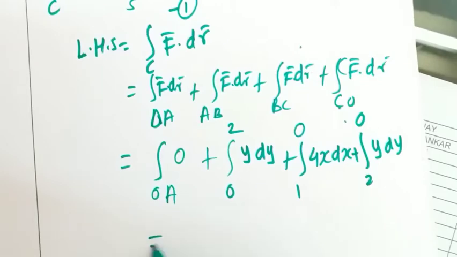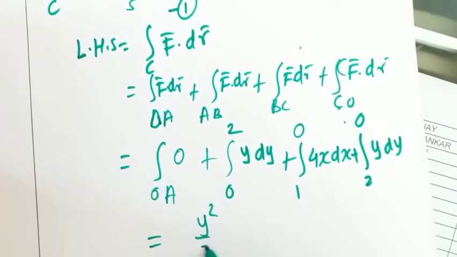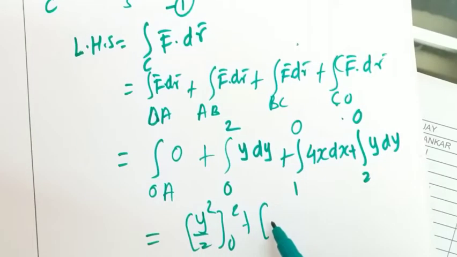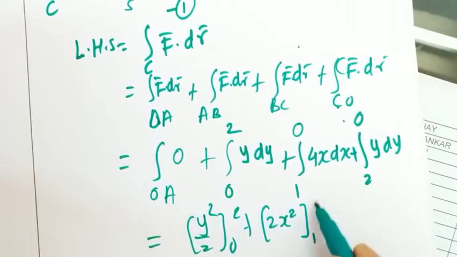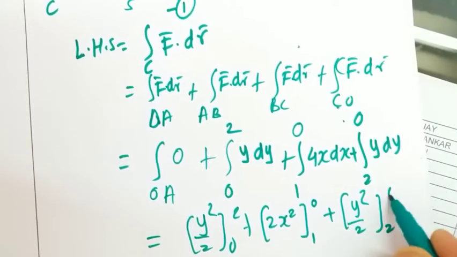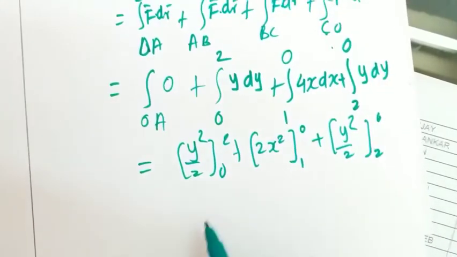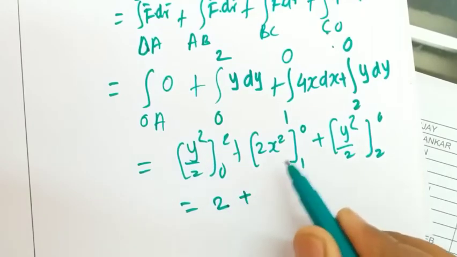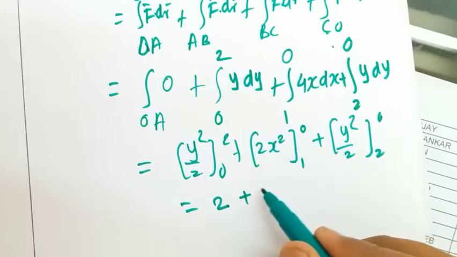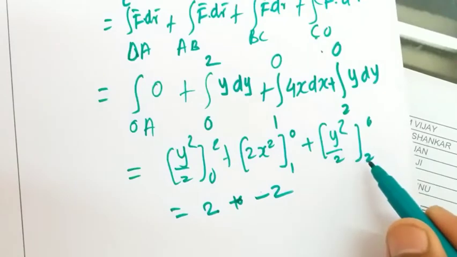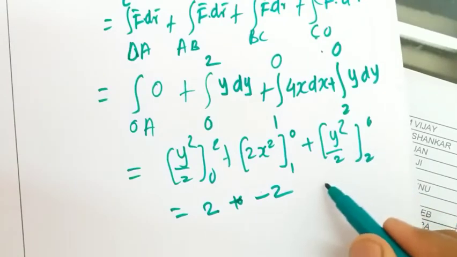After evaluating them, we'll get y square by 2 from 0 to 2, 4x square by 2, that is 2x square, from 1 to 0, and y square by 2 from 2 to 0. After putting in the upper and lower limits, 4 by 2 is 2, plus 0 minus 2, so here we'll have minus 2, and finally 0 minus 2.